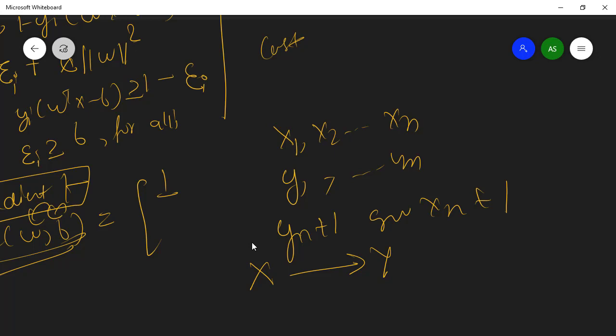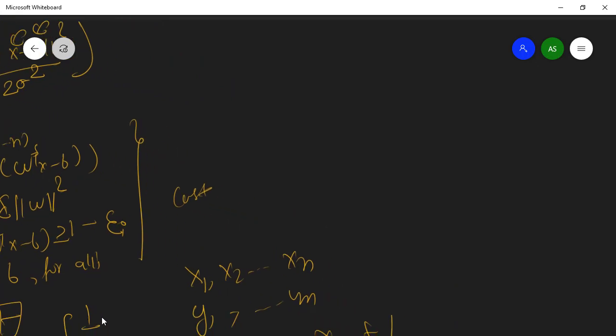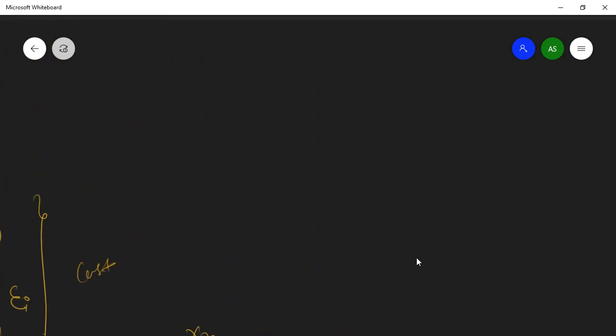As we have talked about nonlinear and linear, now it's time to get into support vector regression. I'm just going to give you the equations. It is quite easy.